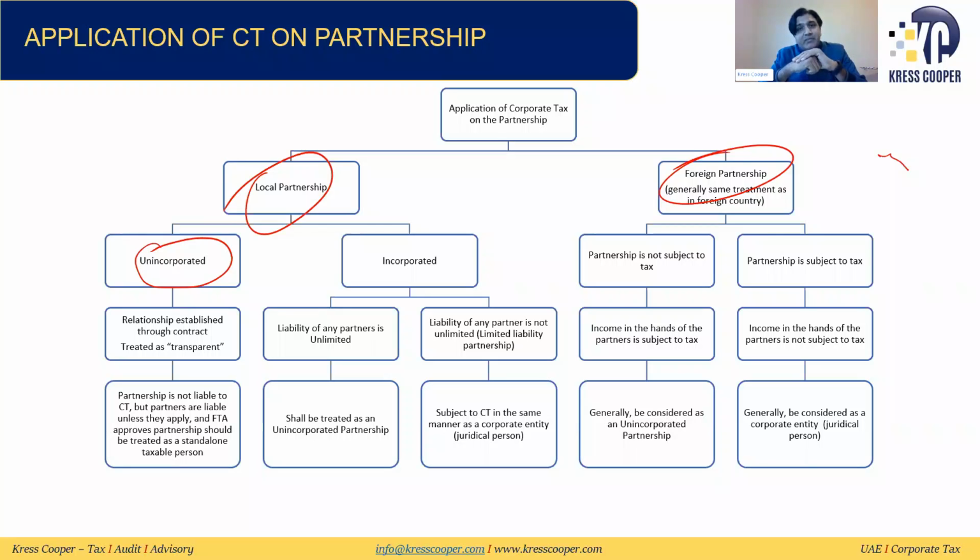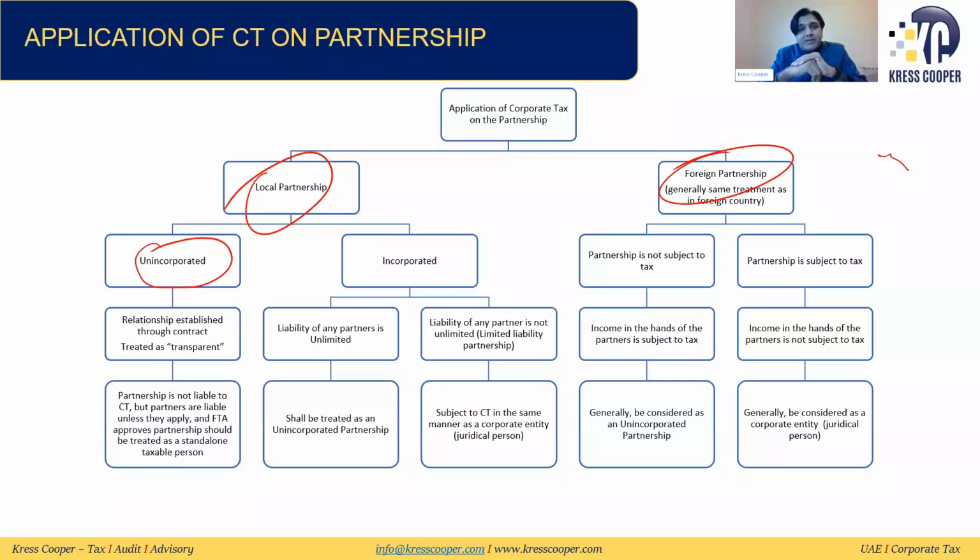But if the partners apply to the FTA, asking that this partnership be treated as a taxable person, and the application is approved by the FTA, then the unincorporated partnership will be treated as a taxable person. Otherwise, the partnership itself will not be treated as a taxable person, and the income of the partnership will be taxable in the hands of the partners.